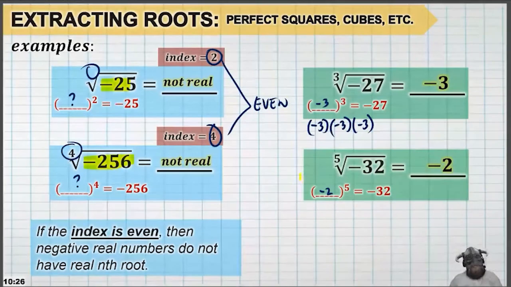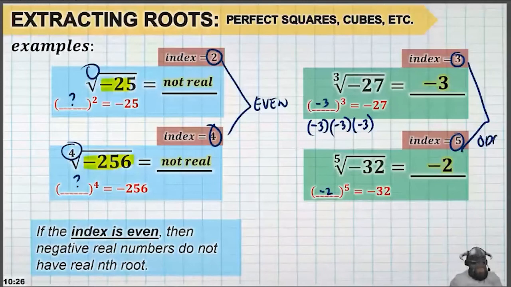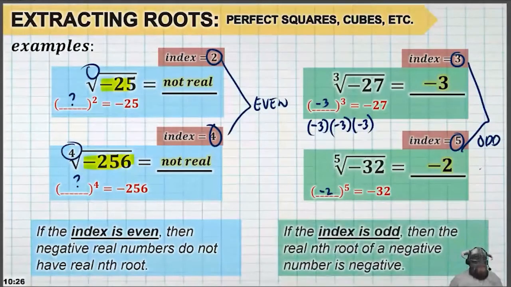Ngayon, kapag naman ang index natin ay 3, 5, 7, 9 or what we call the odd numbers, that means whatever the sign of the radicand will be the sign of the answer. So if the index is odd, then the nth root of a negative number is still negative. So kapag kinuha mo yung cube root ni 27, ang sagot niya positive 3.